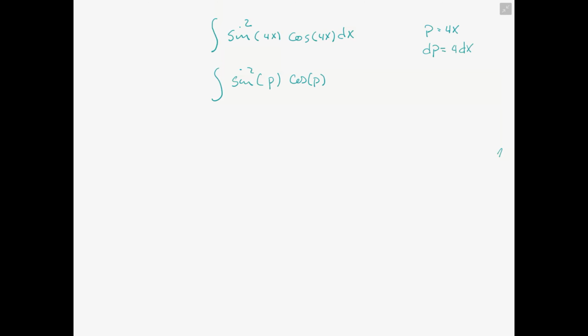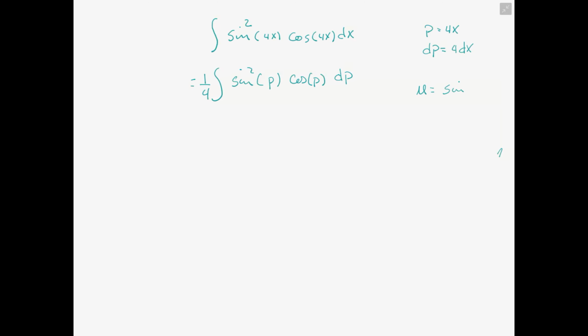We substitute right here. We go sine squared p cosine p, and dx is dp on 4, so we got 1/4.